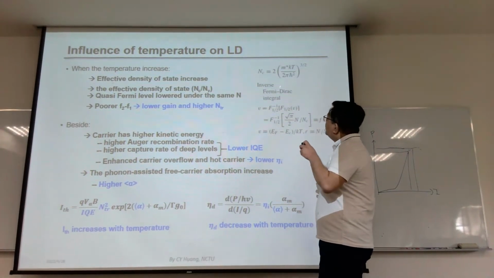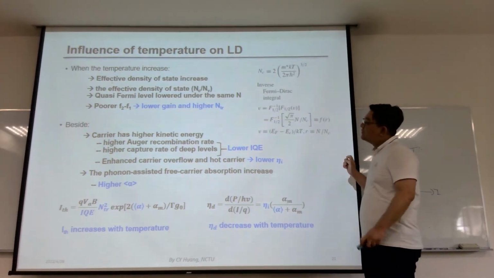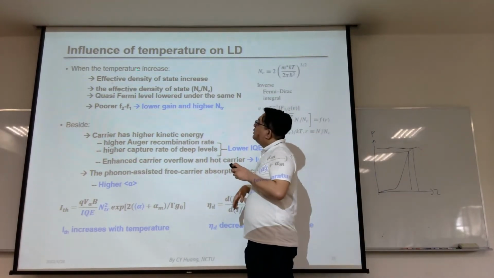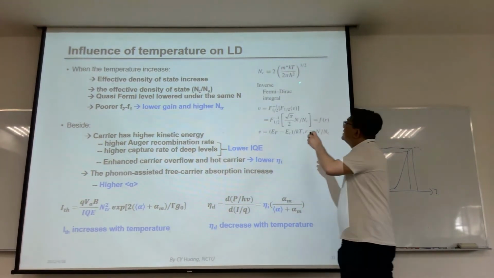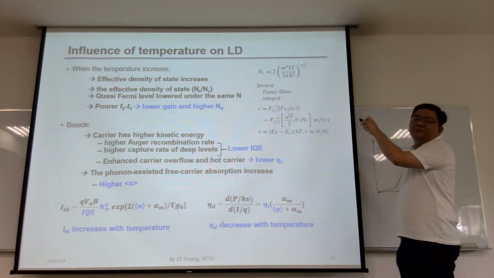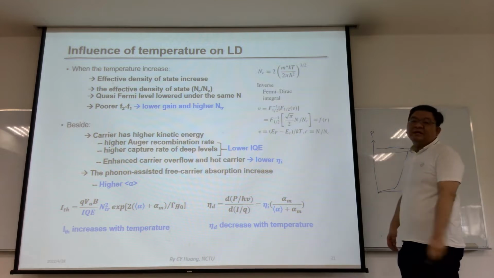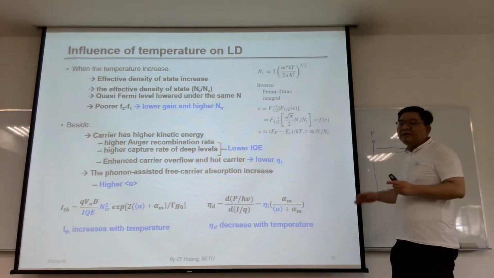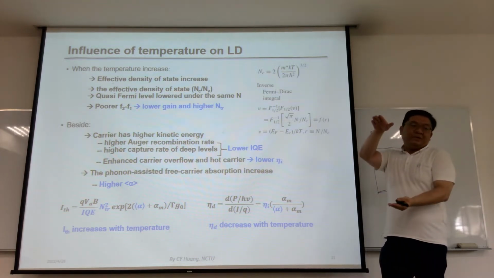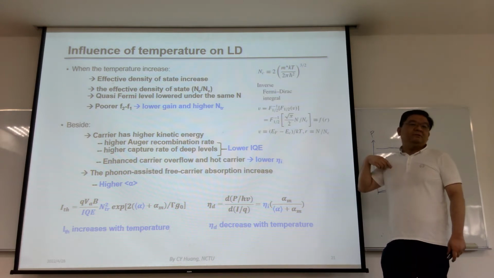The major change is because of the Fermi-Dirac distribution. When the temperature increases, the DOS will further increase. If you see the density of states, T is to the power of 1.5. So when the temperature increases, the effective density of states will increase. Then, if you want to reach the same Fermi level separation, you need to inject more carriers.